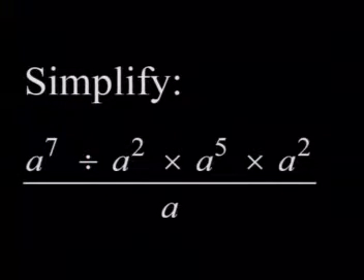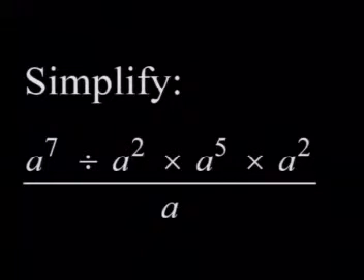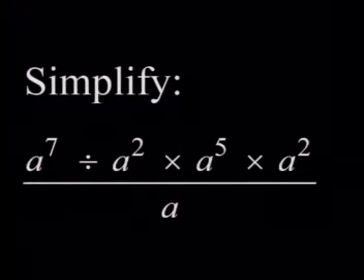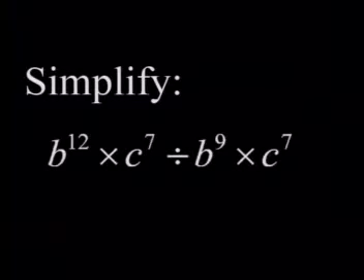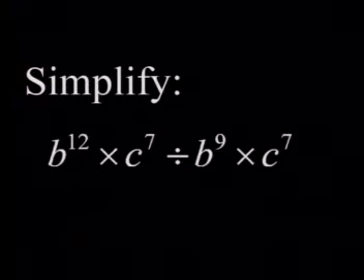Simplify. Number 1, a to the power 7 divided by a to the power 2, multiplied by a to the power 5, multiplied by a to the power 2, all divided by a. Number 2, b to the power 12 multiplied by c to the power 7, divided by b to the power of 9 multiplied by c to the power of 7.